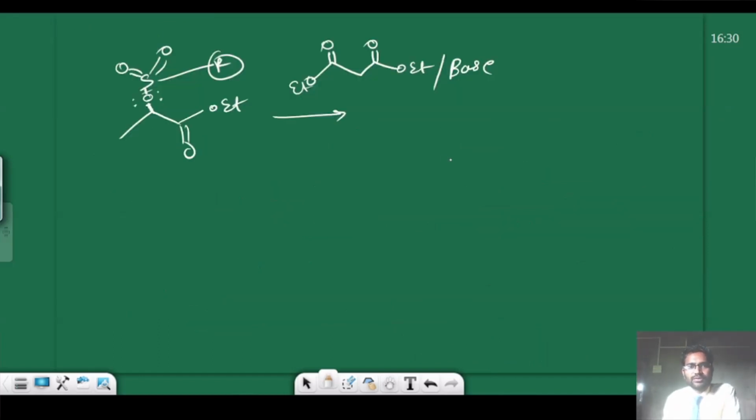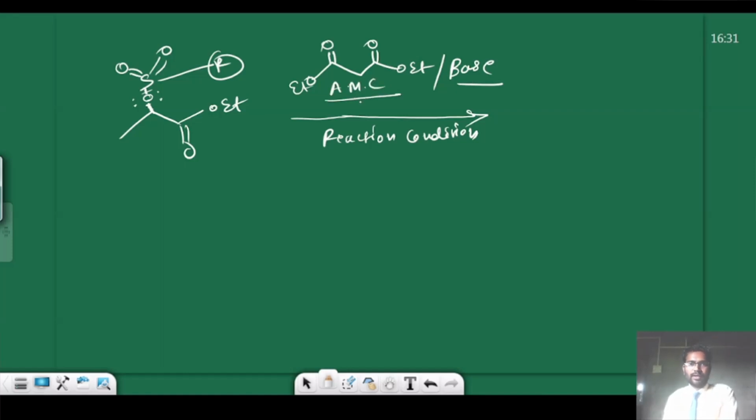Okay, so step 1 is, so this is the reaction. When we treat this particular compound with this particular reagent, and here some reaction condition is there, base is present, and this is the active methylene compound.